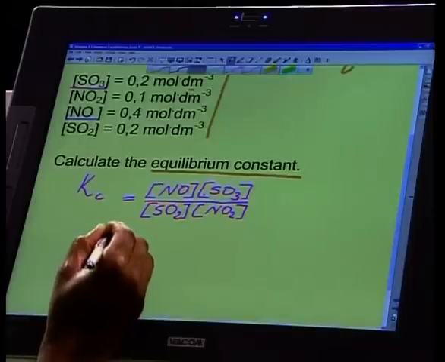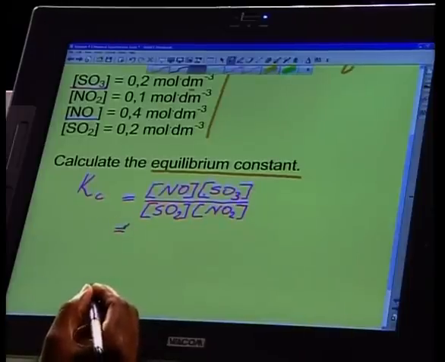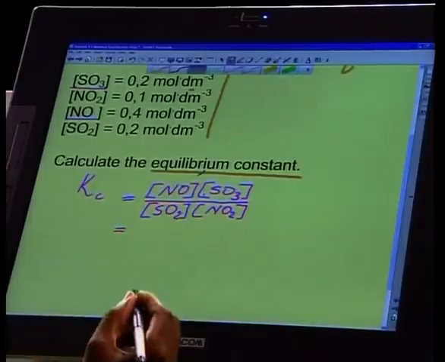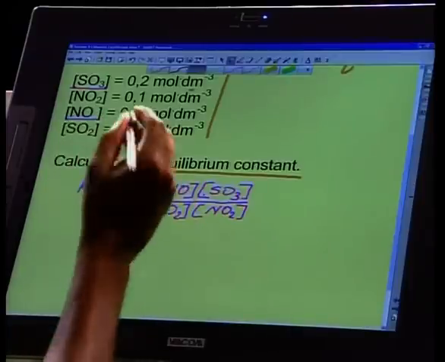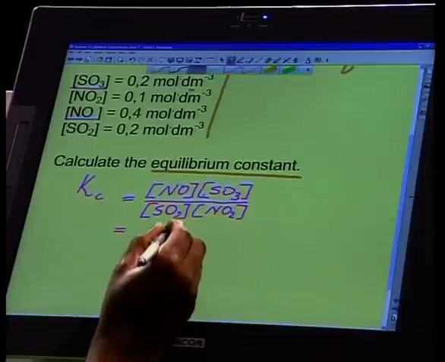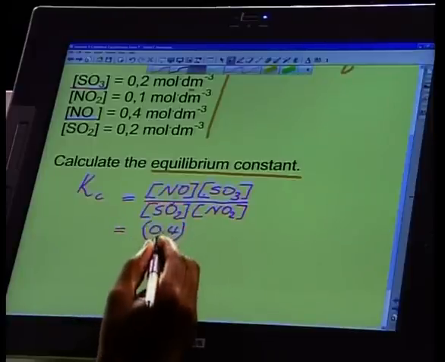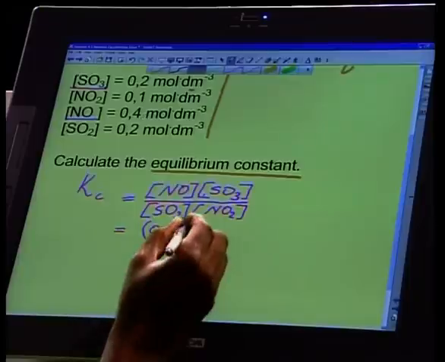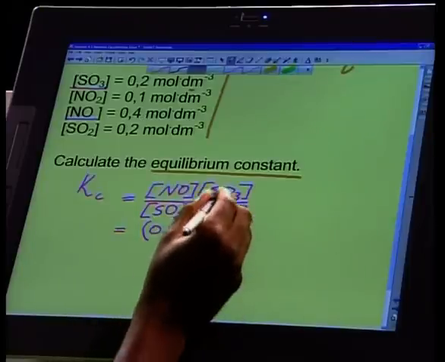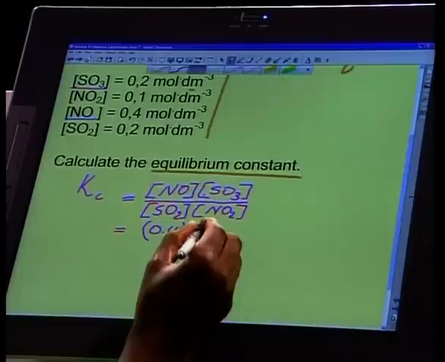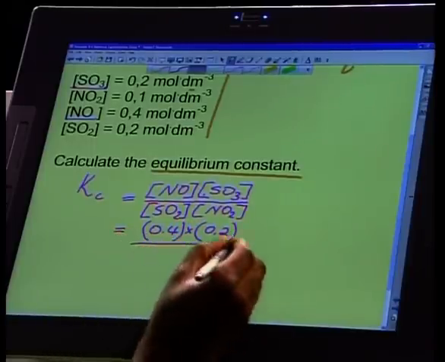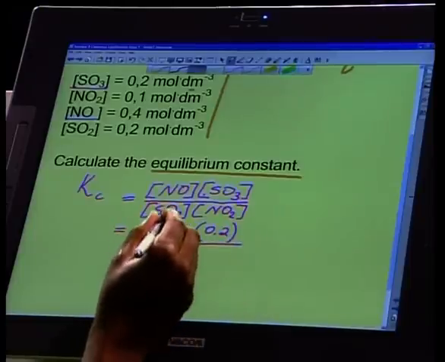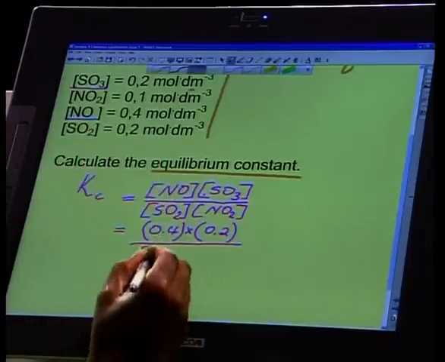Right. Then let's work it out now. We may actually need a calculator here, but let's start by substituting. What is the concentration of NO as given to us? It is 0.4. Okay, so for NO, I'm substituting 0.4 times concentration of SO3, 0.2 mole per cubic decimeter, divided by concentration of SO2, it's 0.2.